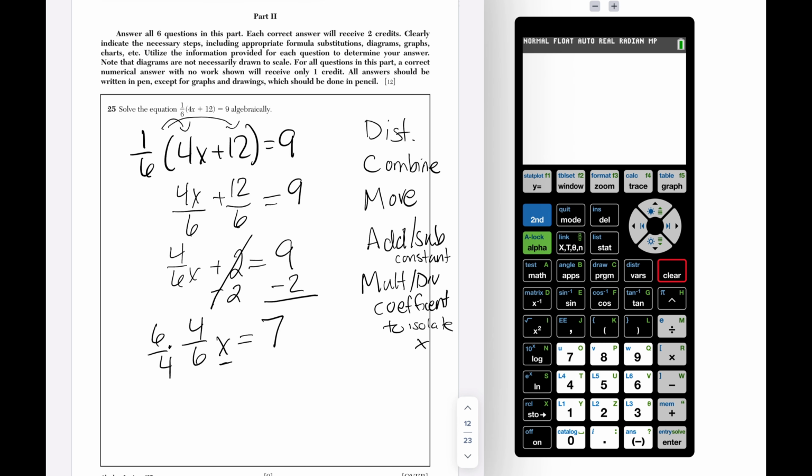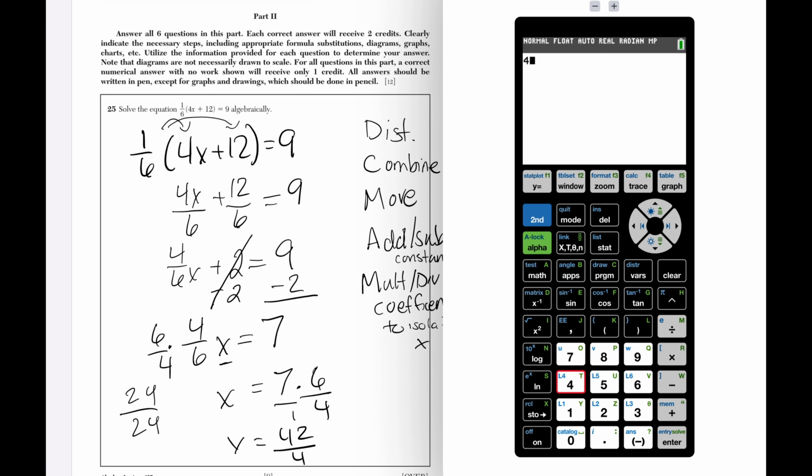So I'm going to multiply by the reciprocal, so this just becomes x. Why? Because I have 6 over 6, which is the same as 1x. And on the other side, I have 7 times 3/2, which is the same as 21 over 2. And you could always simplify that out with your calculator if you need to. 21 divided by 2 is equal to 10.5.